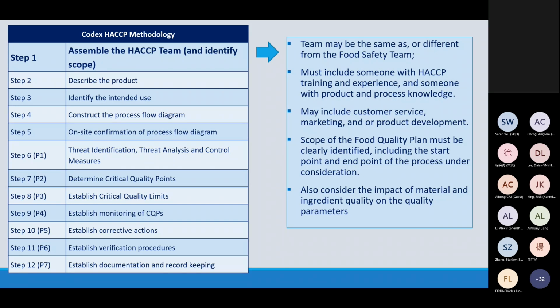But if dispatch and service delivery are part of the food quality requirements, then the scope of the food quality plan may go beyond the finished product warehouse into delivery to a distribution center or finished product warehouse or a retailer. So it needs to be designed around the requirements of food quality and the determination of quality attributes and the threats that can come from those quality attributes.